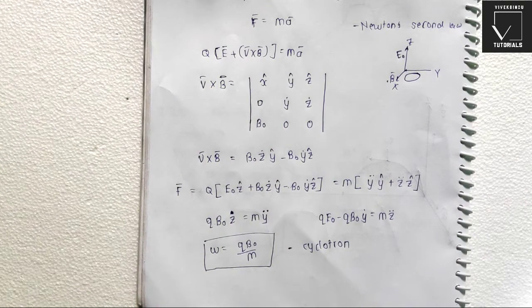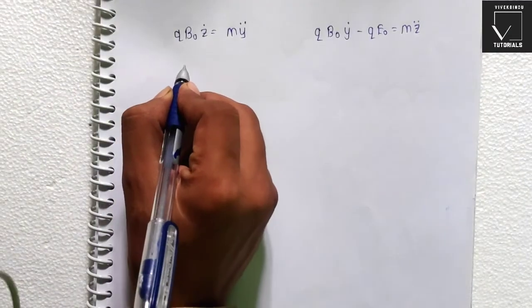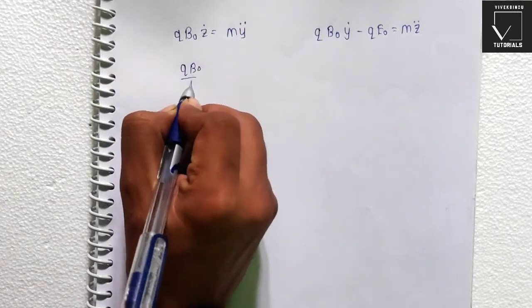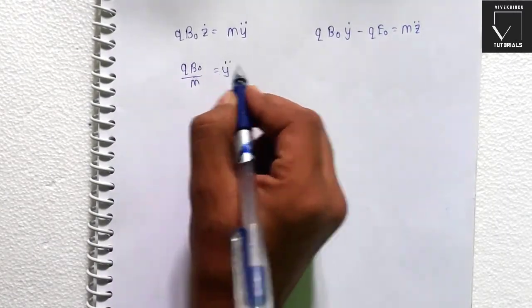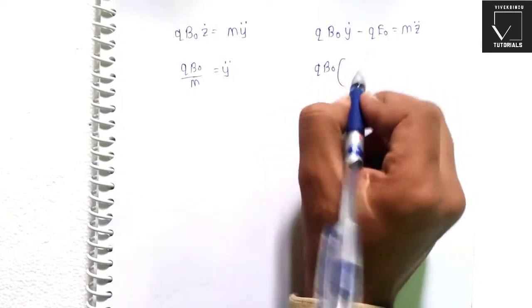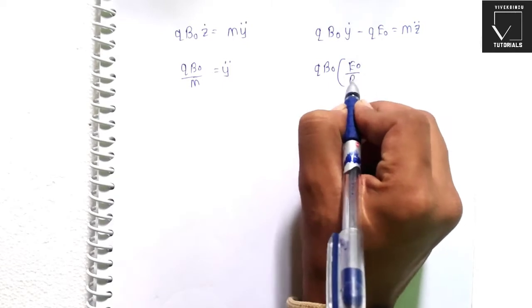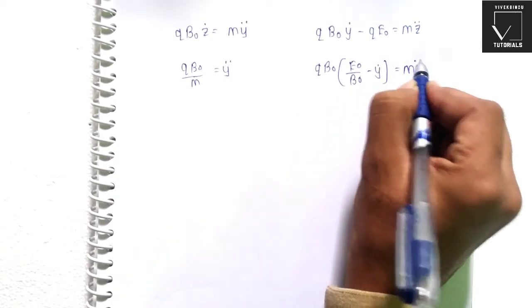We have to put omega equal to qB0 upon m in both equations. So let's arrange the equations: qB0 upon m z dot is equal to y double dot, and qB0 into E0 upon B0 minus y dot is equal to m z double dot.